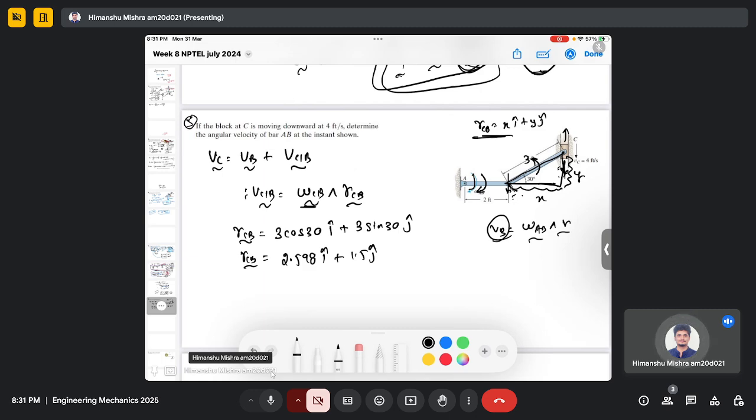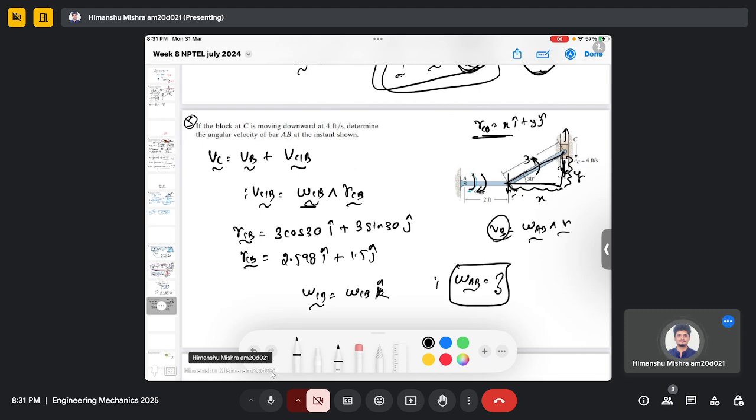And we don't know omega CB. We are not given anything in the question about omega CB. We only know that omega CB has some magnitude, let's say omega CB, and it is in the k direction. That's the only thing we know. We don't know omega CB, and we don't know omega AB either. This is the thing we need to find out.